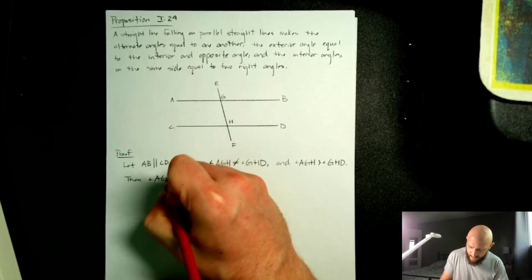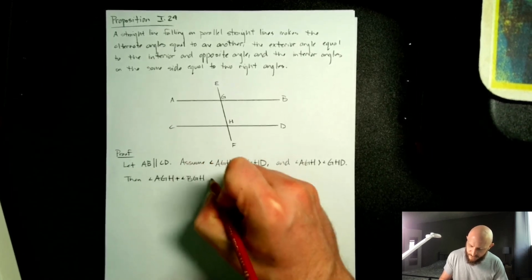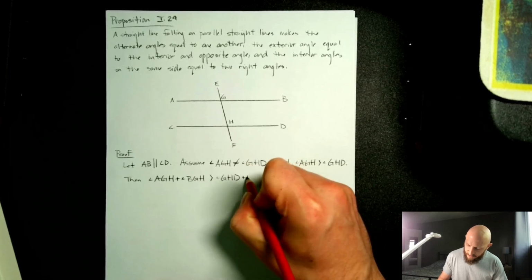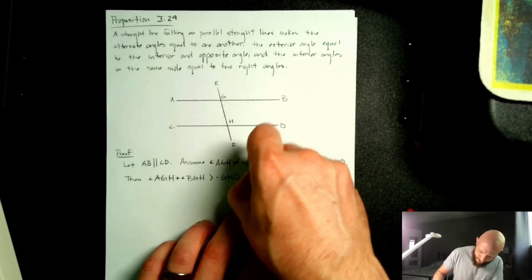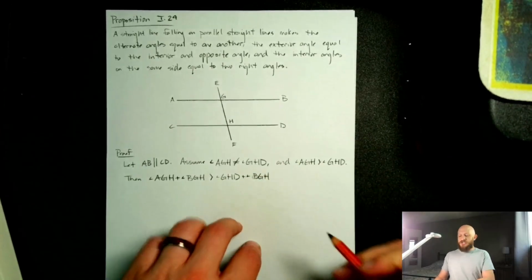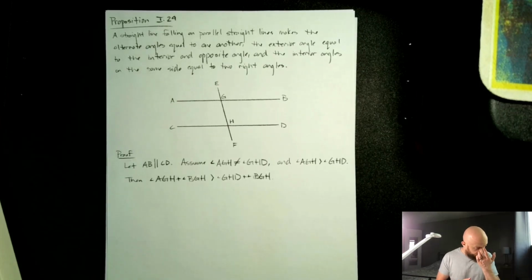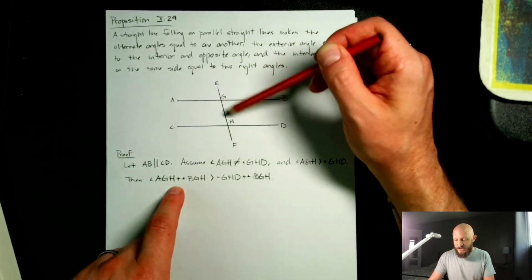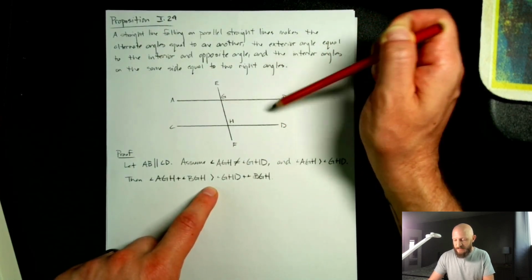Then angle AGH plus angle BGH must be greater than angle GHD plus angle BGH. We're just adding BGH to both sides. The inequality holds as long as we add the same thing to both sides. Well, let's take a look in the diagram at what we just did. We just said that AGH plus BGH is greater than GHD plus BGH.